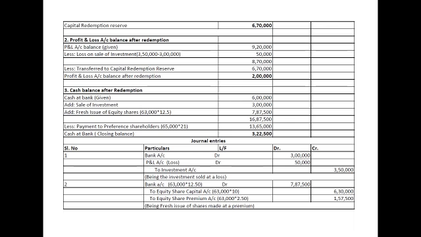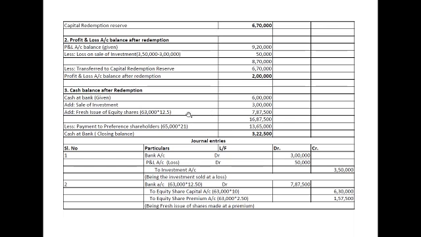You can understand that. So the bank account as per the balance sheet given before the redemption, 6 lakh we had, and because of the sale of investment, 3 lakh is added, as well as when the company made the fresh issue.